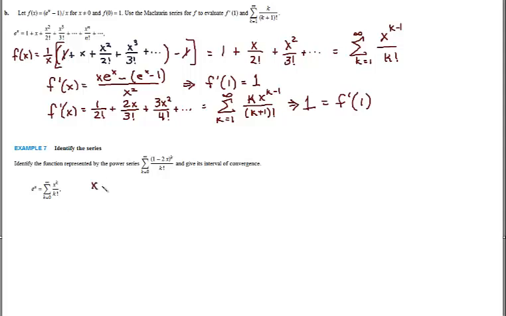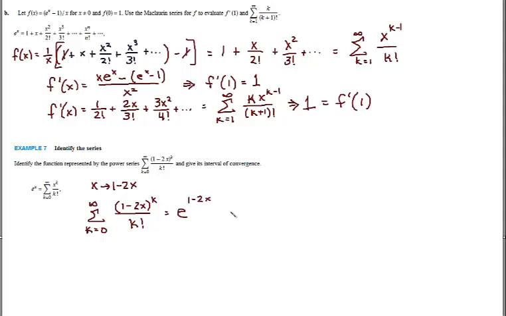But if I replace x with 1 minus 2x, then what I would get is this sum, k equals 0 to infinity of 1 minus 2x to the k, right, which is exactly what we have. Therefore, I can say that this is e to the 1 minus 2x.